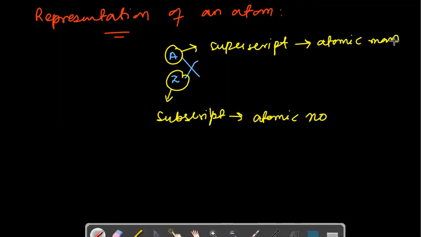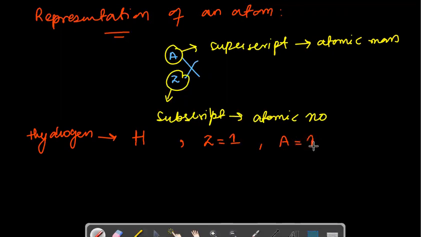Okay, for example, if I talk about hydrogen, hydrogen has a symbol of H and it has atomic number 1 and atomic mass of hydrogen is also 1.